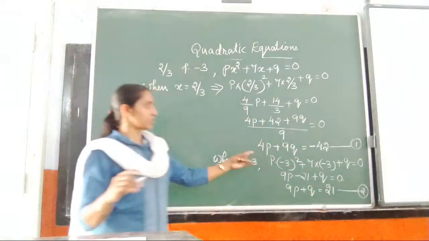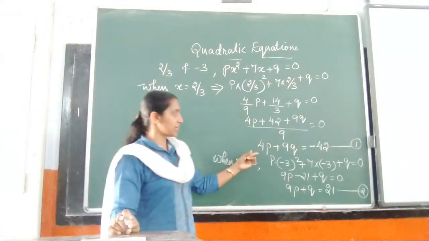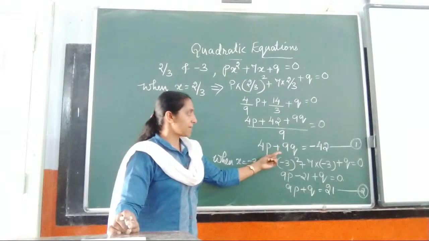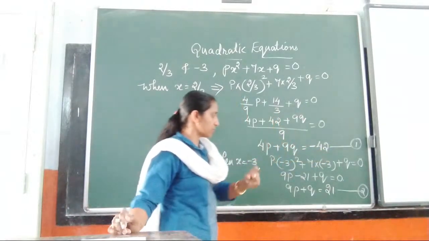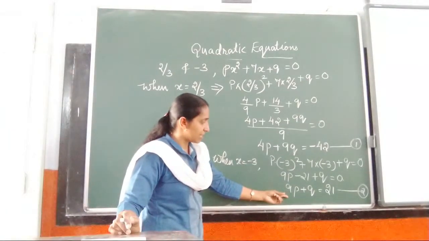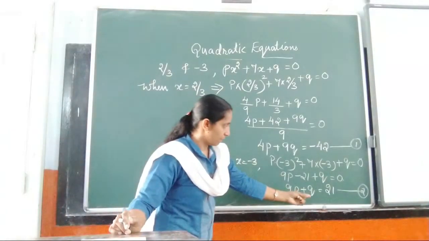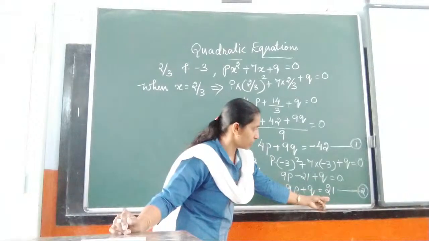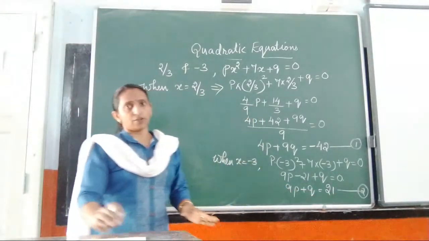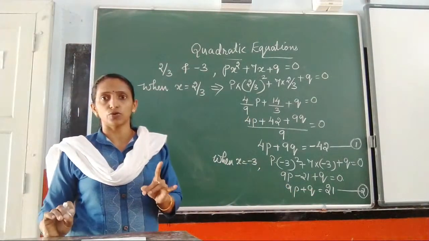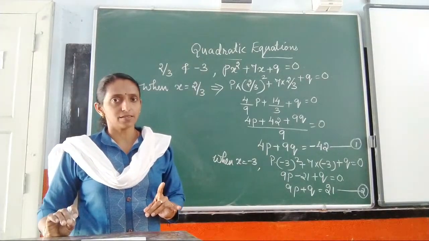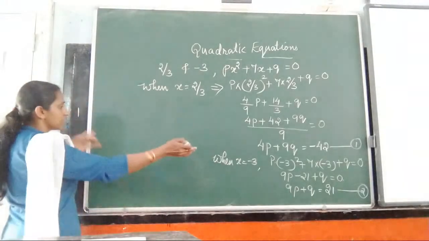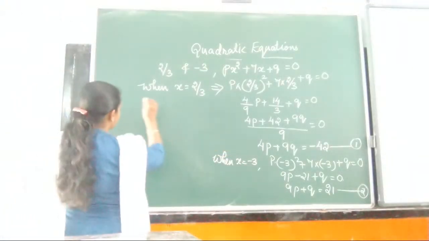Have you seen both the equations? First equation 4p plus 9q equal to minus 42, and the second equation is 9p plus q equal to 21. If you are having both the equations, you know how to solve the equations simultaneously, right? You can do it by making any one of the coefficients the same.